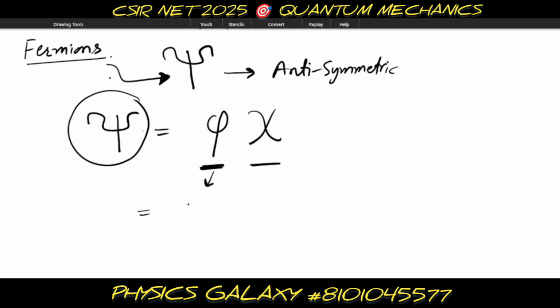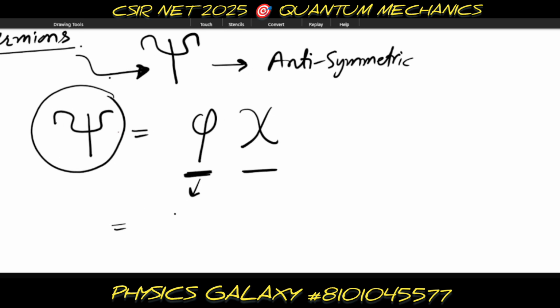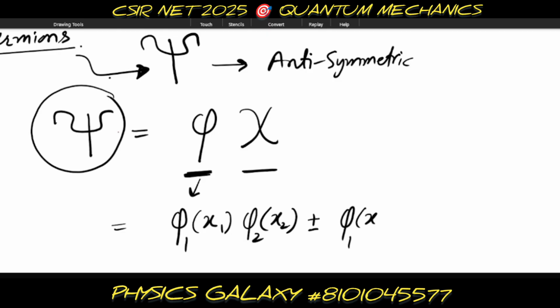Particle 1 at position x1, particle 2 at position x2, plus minus, that we will decide later. Particle 1 at position x2, particle 2 at position x1. So this will be the complete spatial wave function.